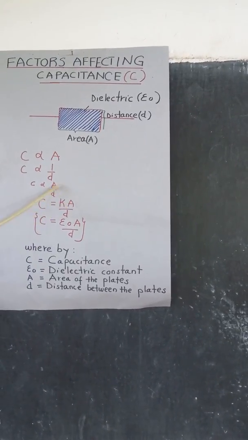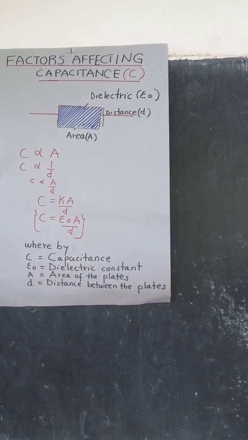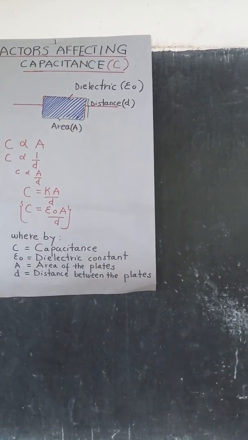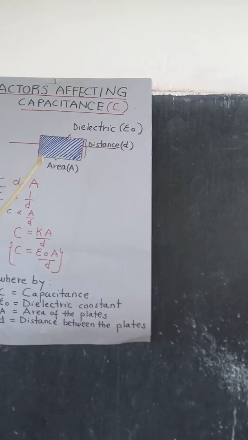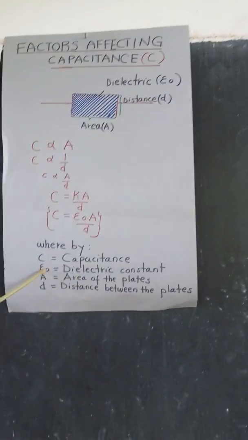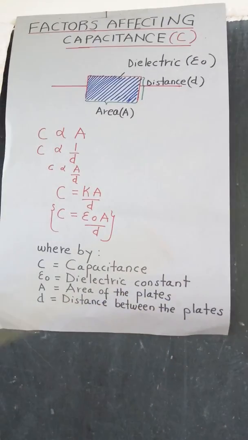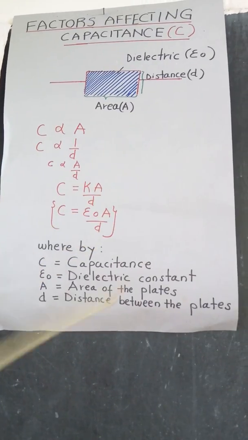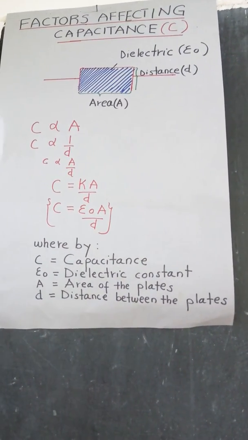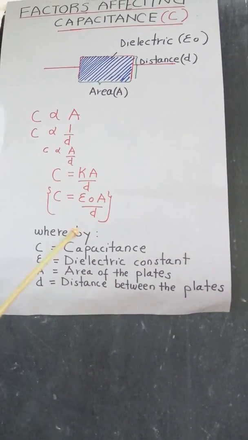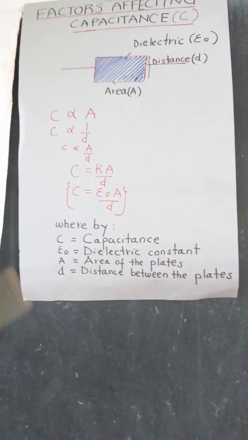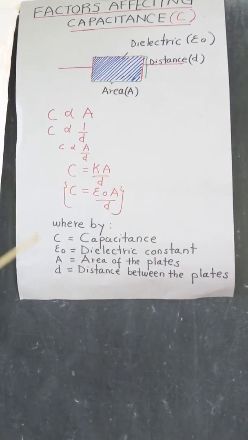This constant is the electric constant, because capacitance also depends on the nature of the material used to make the capacitor. Here C is the capacitance, this is the electric constant, this is the area of the plates, and this is the distance between the plates. This formula can be used to find the area, the distance, the electric constant, and also the capacitance.